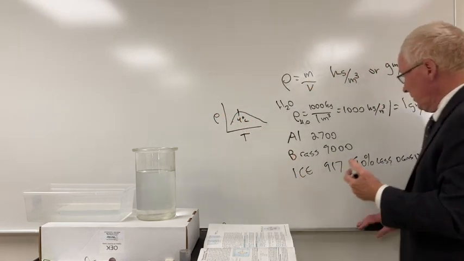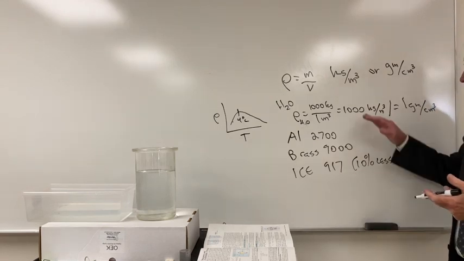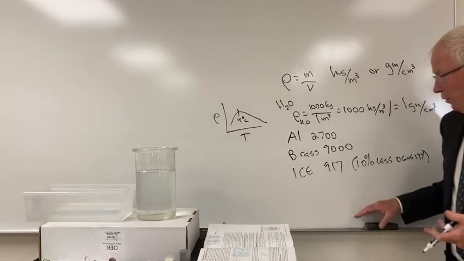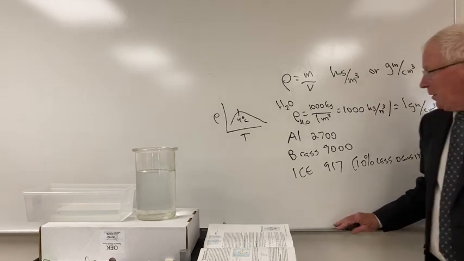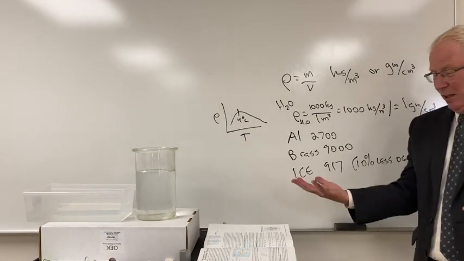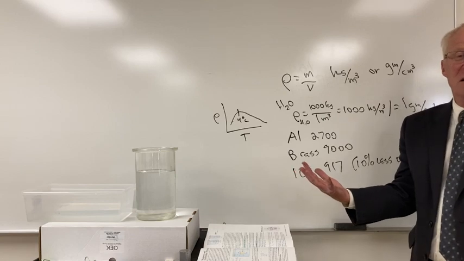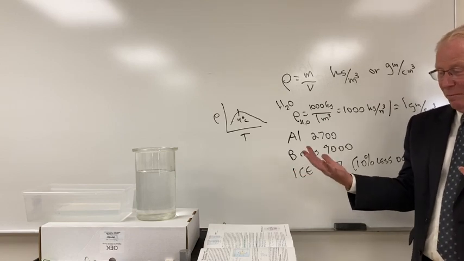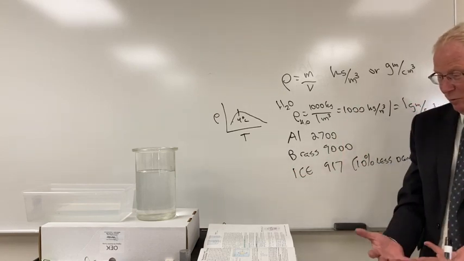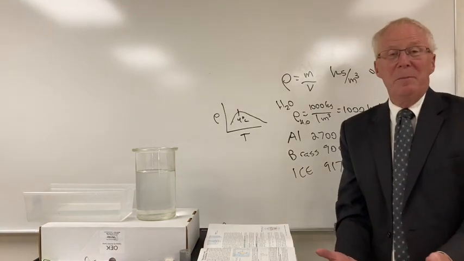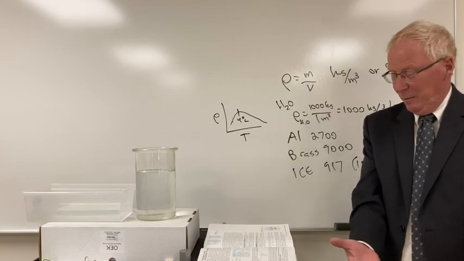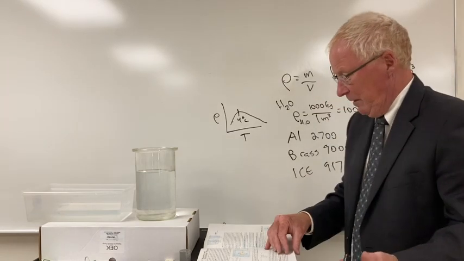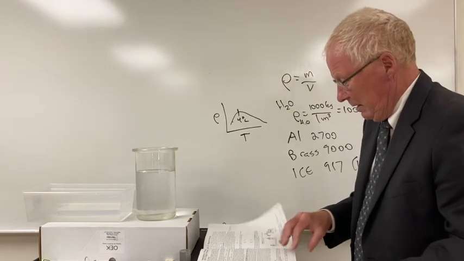So this is one reason ice floats. This is also one reason why we have life as it is, because of the unique property that water, when it freezes, becomes less dense. If it was the other way around, if it became denser, then it would sink, lakes would freeze from the bottom up and would never melt because there's nothing to melt the water at the bottom. So it's a unique property as far as that's concerned. All right.